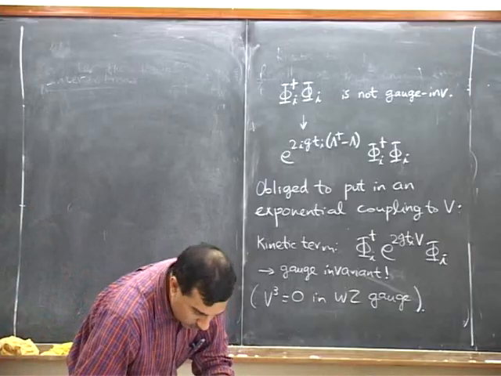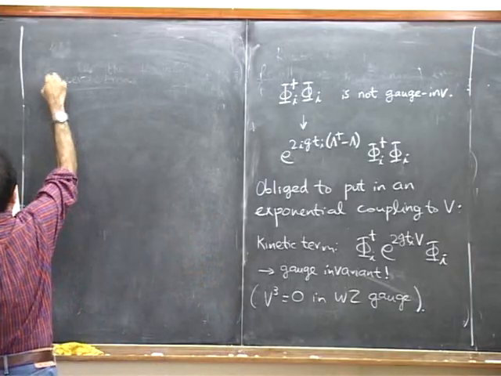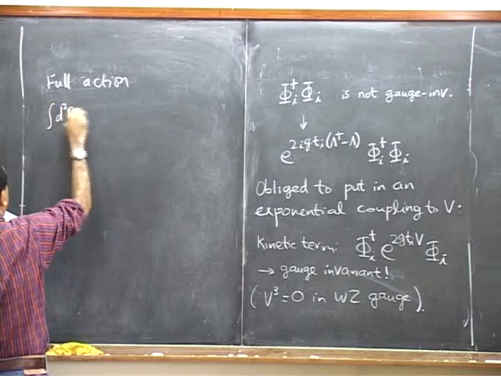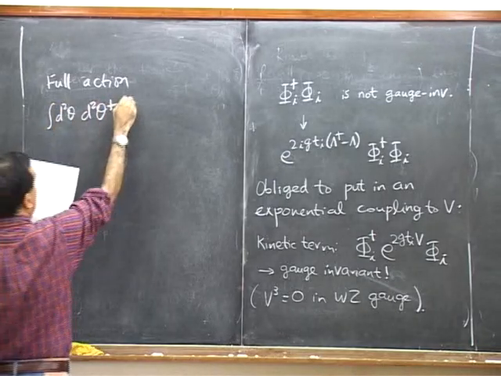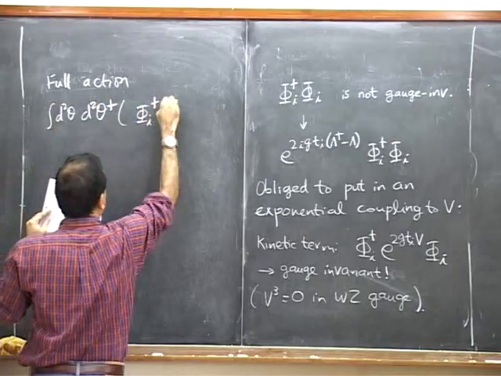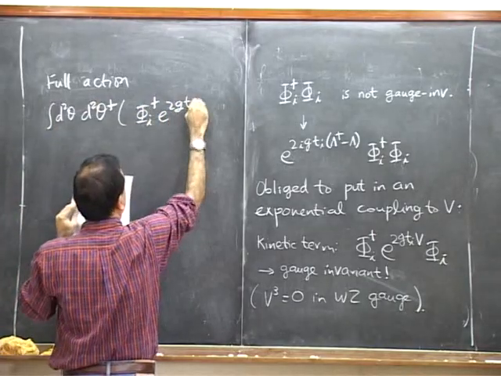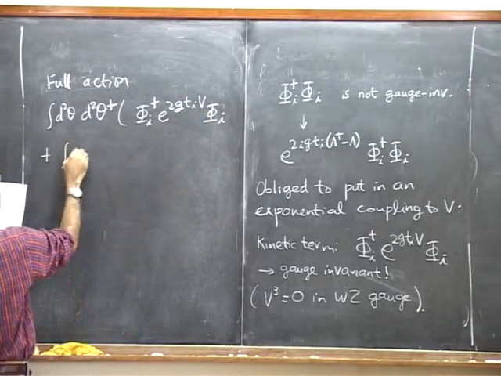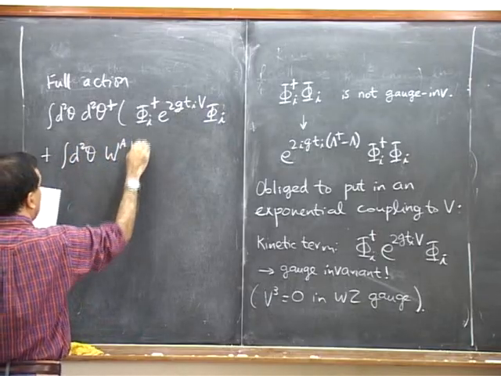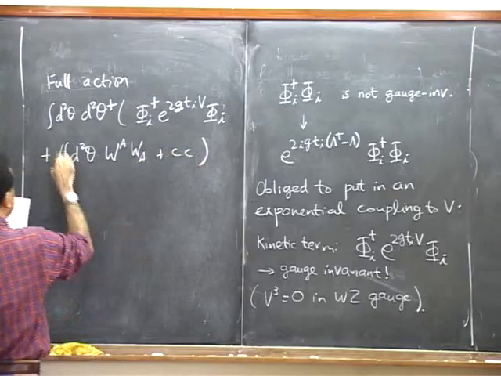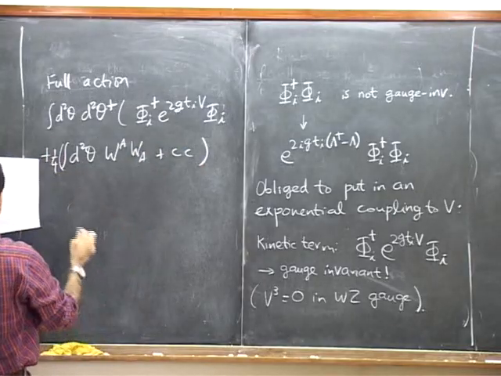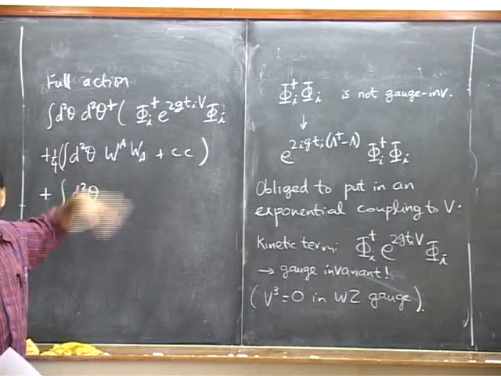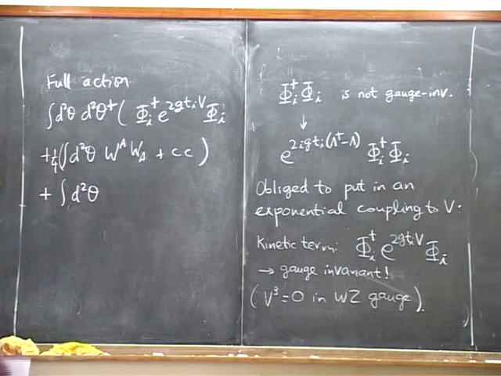So at the end of the day, we have the full Lagrangian. The full action is the integral d4x d2 theta d2 theta dagger of phi I dagger e to the 2 g T I V phi I, where there is a sum over I, that is, over species, plus the gauge kinetic terms, W alpha W alpha plus CC, with a 1/4, and finally, since these scalar fields are part of a scalar field theory on their own, they are entitled to have a superpotential.